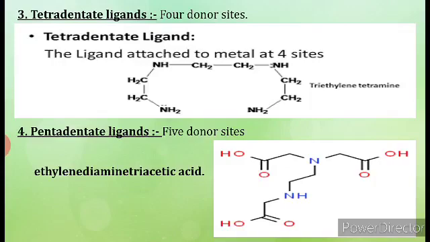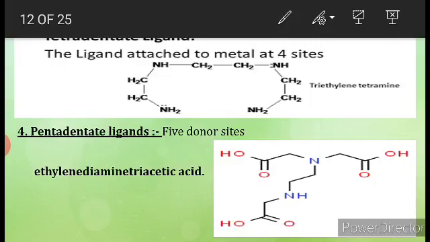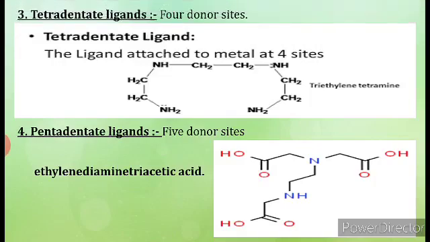See, on the left hand side the topmost nitrogen atom is attached to CH2COOH. Then here also it is attached with CH2COOH. Then on the lower side it is attached with CH2, then NH, then again CH2COOH. In the carboxylic acid group, the OH oxygen atom possesses lone pair of electrons which can be donated to form a coordinate covalent bond.